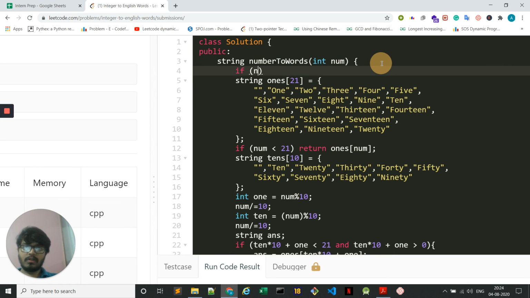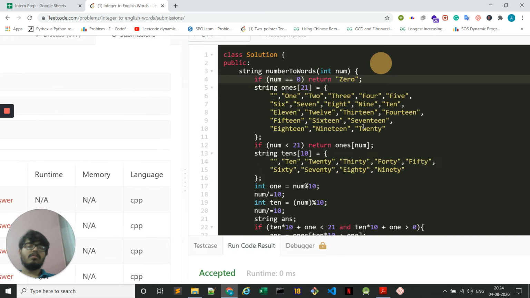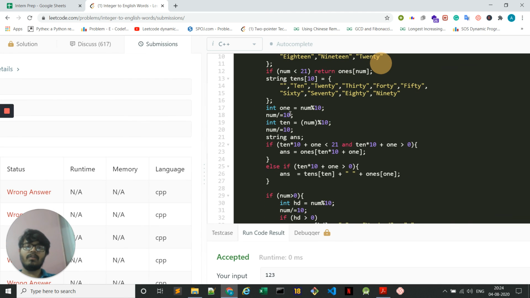If number is equal to 0, then, but I am worrying about the case wherein, if I'm talking about 300, so let's say 360. 360 should be the answer.